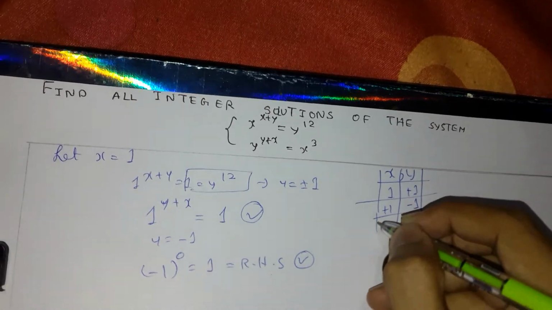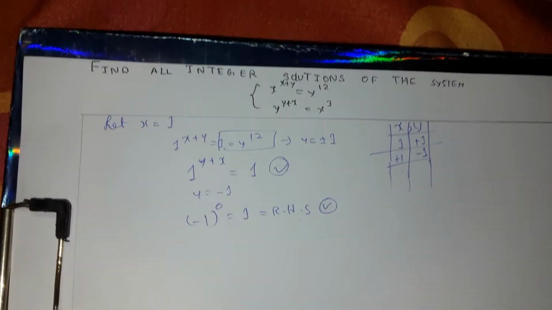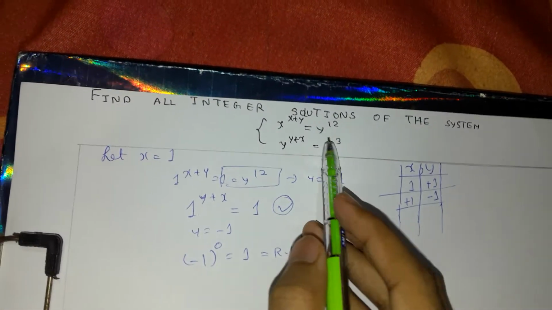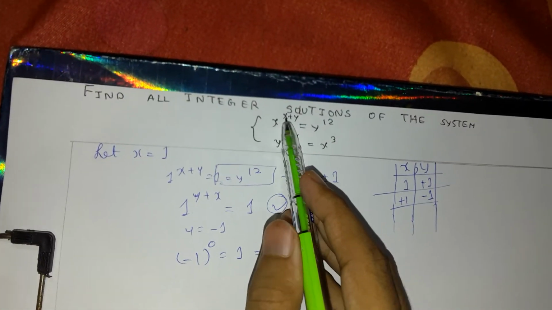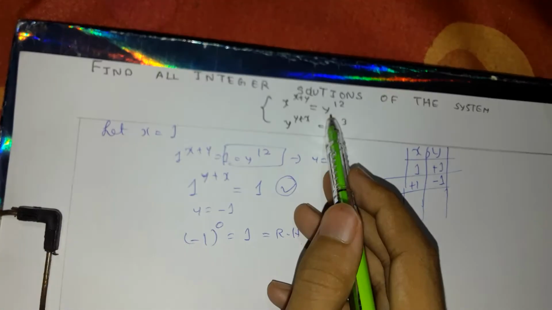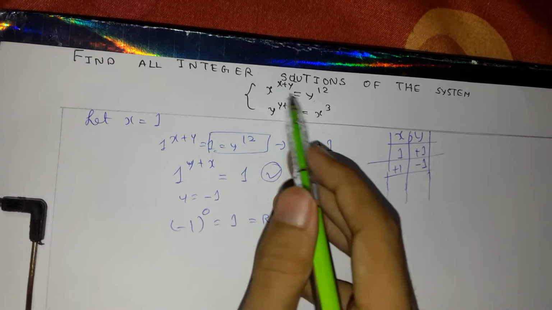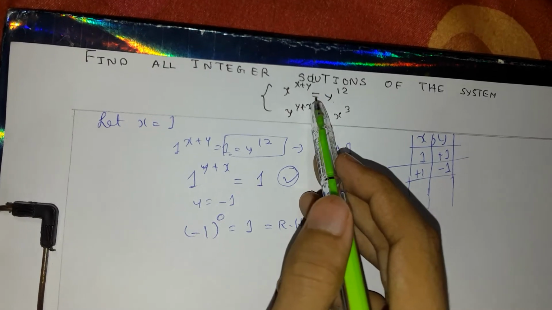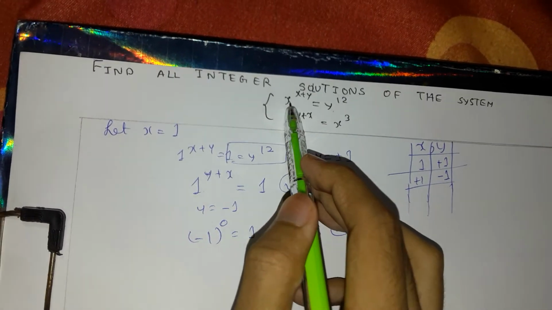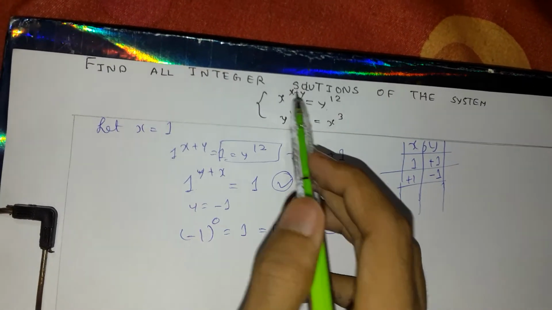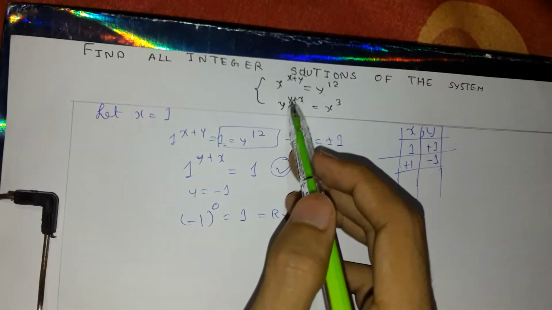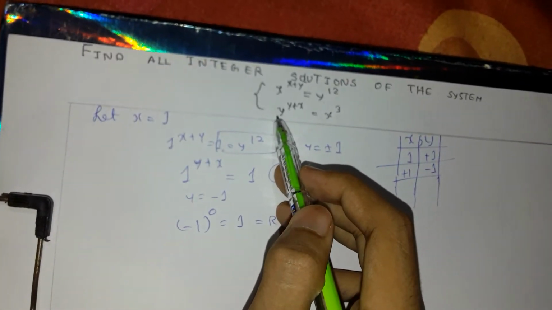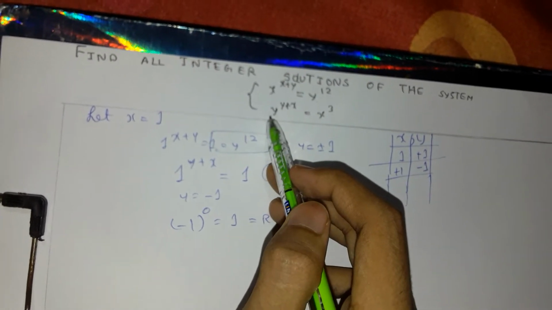Now I wondered, what if I plug in x equals minus 1? Now it won't be true, because if x equals minus 1, y has to be an odd number, so I guess y is minus 1.